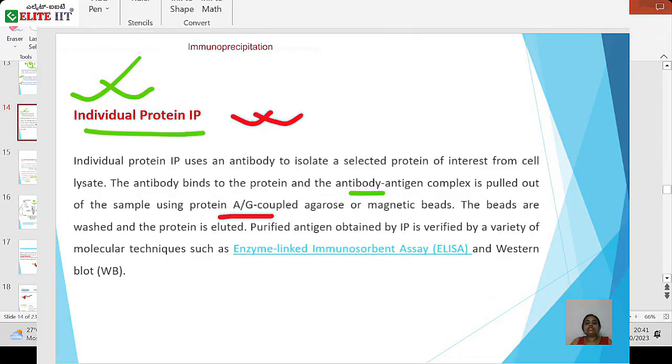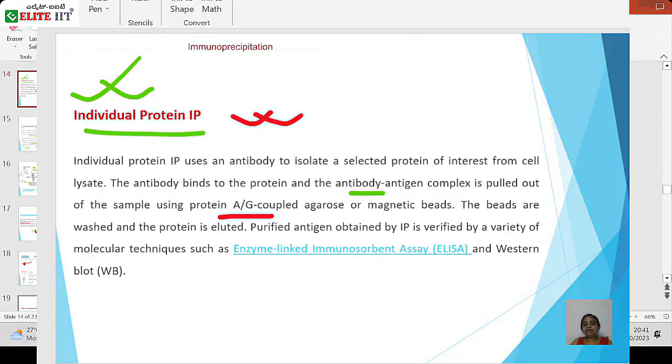DNA-protein interaction we have done through ChIP, protein-protein interaction through co-IP, and RNA-protein interaction through RIP. If an antibody is not available, you can do the tagging, that is, tag immunoprecipitation.